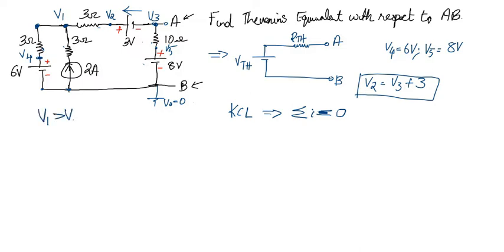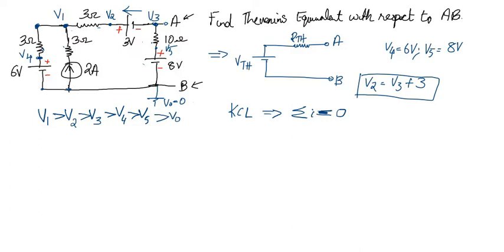So the common arrangement is V1 greater than V2 greater than V3 greater than V4 greater than V5. So according to the number of voltages that you have marked, you can make a relation like this. This is greater than V0. Now always current flows from higher potential to lower potential. As per that logic, we can mark the direction of current through all the resistors like this.